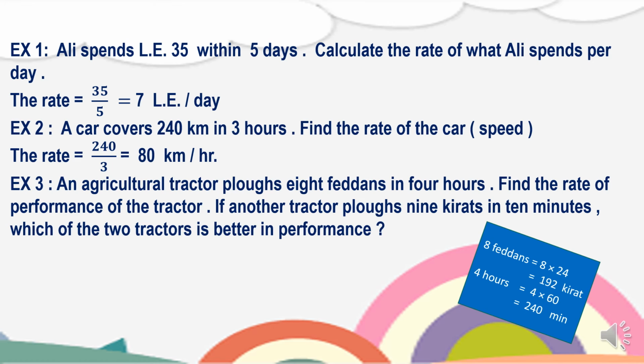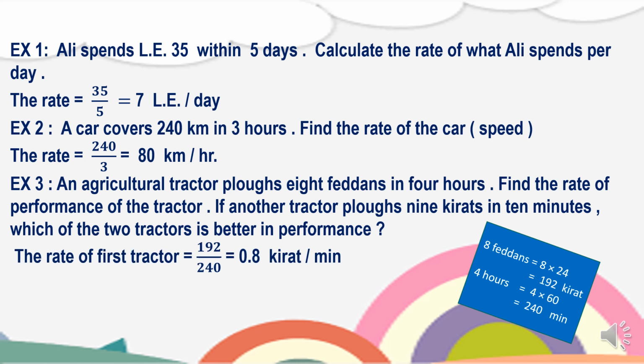From fadden to kirat, I multiply by 24. So 8 times 24 equals 192 kirats. And I convert from hours to minutes. 4 hours equals 4 times 60, because when I convert from hour to minute, I multiply by 60. So 4 times 60 equals 240 minutes.